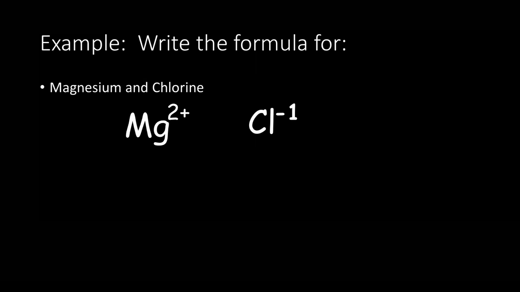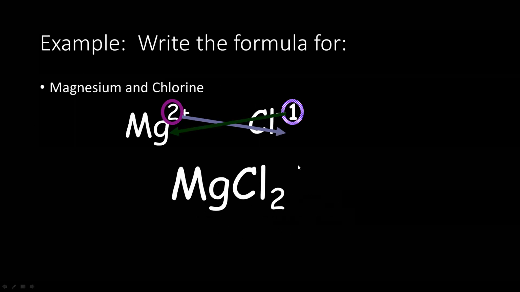When we end up mixing them together, we take the 2 from the magnesium and the 1 from the chlorine. The 2 will go to the chlorine side, the 1 will go to the magnesium side. We don't write out our 1s, and we've got MgCl2.